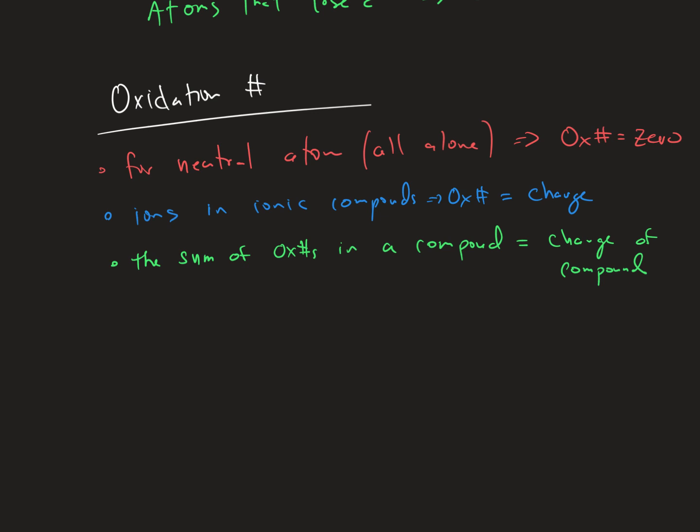You with me? Okay. And then here is the big one you need to know. For covalent compounds, use the following oxidation numbers in the exact order I give you them.